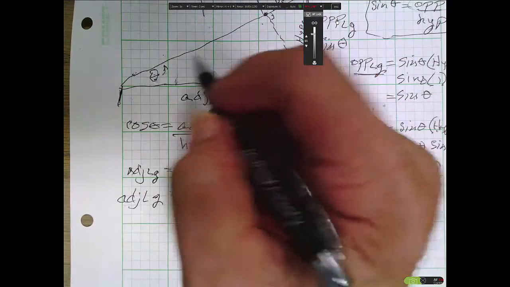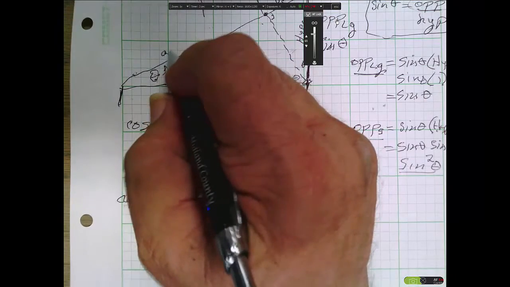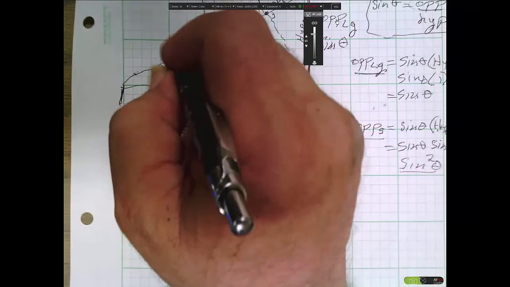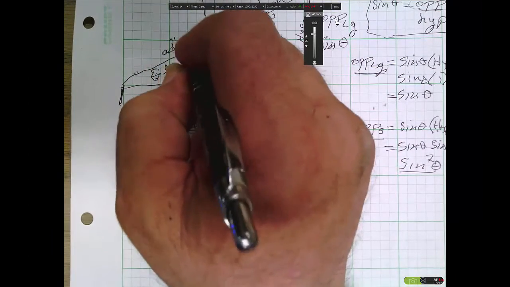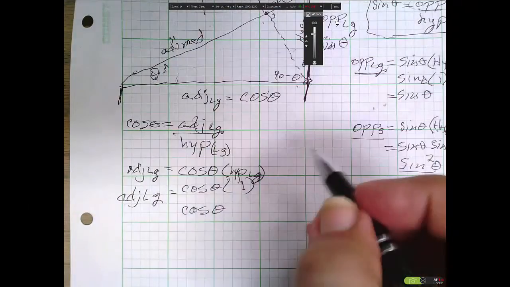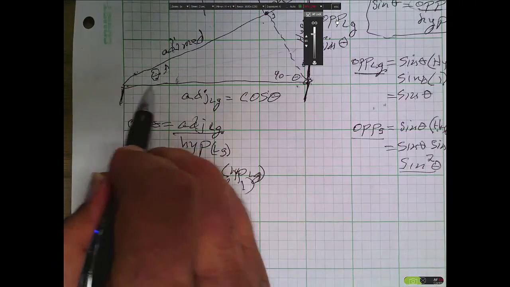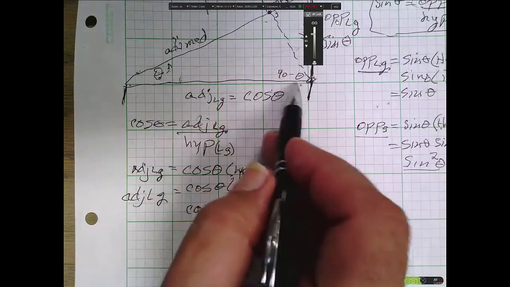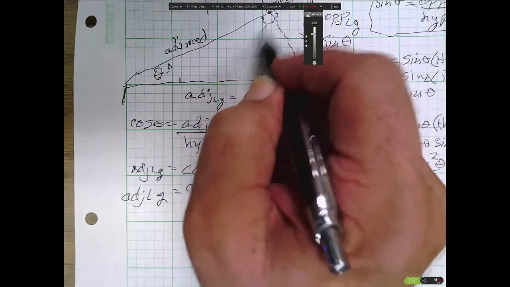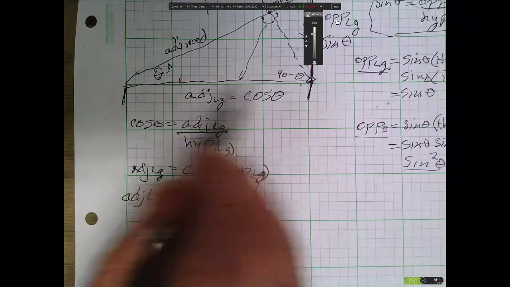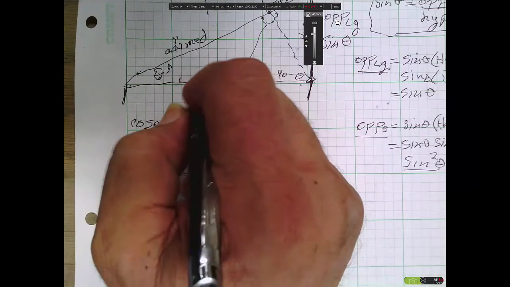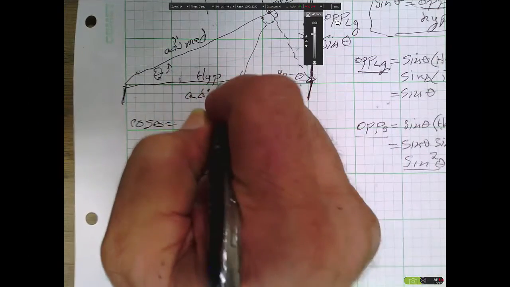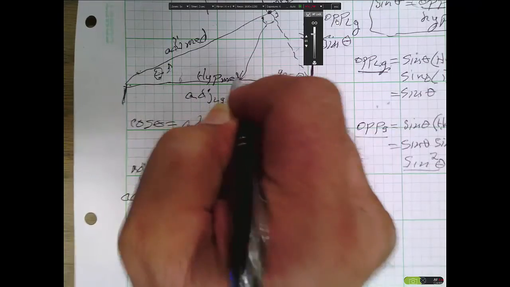I'll call it the adjacent side, ADJ medium. And for this medium-sized triangle, you can see that here's the right angle, so across from it is the hypotenuse for the medium-sized triangle. So I'll label it HYP medium, MED for medium.